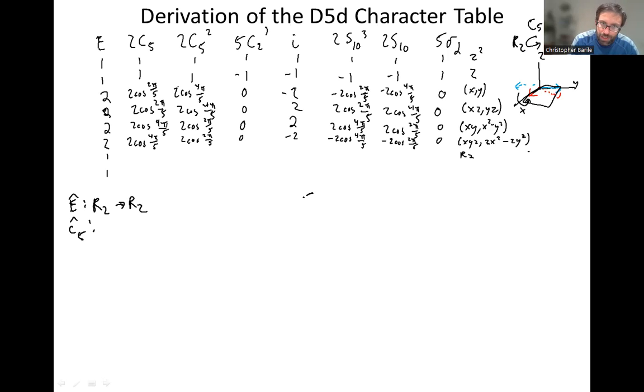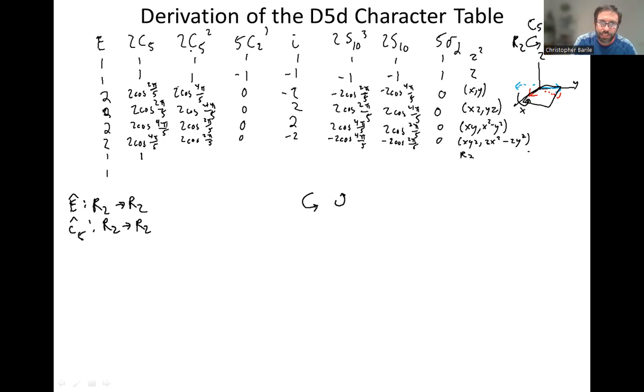So if we draw it like this and do a 72-degree rotation, C5, 360 over 5, we're going to get something like that. The positions of the head and tail change, but this vector is still rotating in the same direction. In this case, I chose counterclockwise. So RZ still goes to RZ, and our value here is going to be a 1.